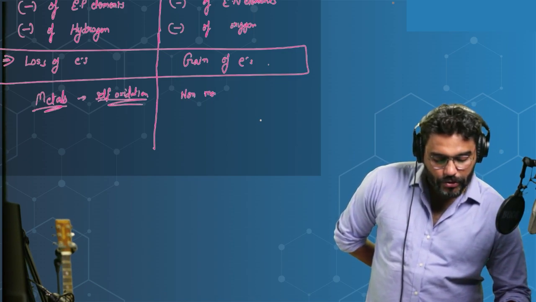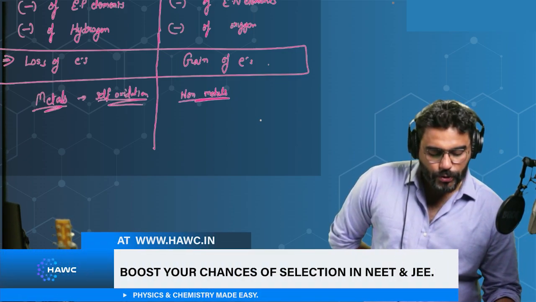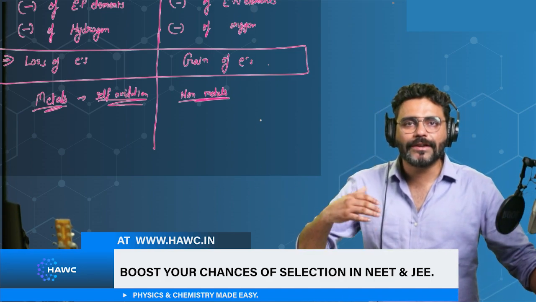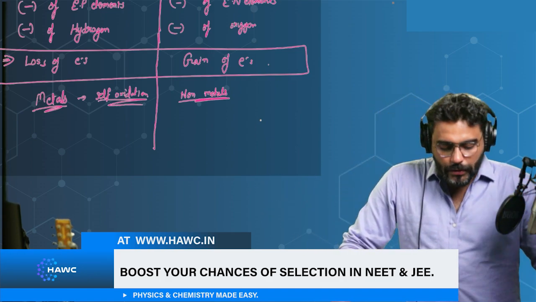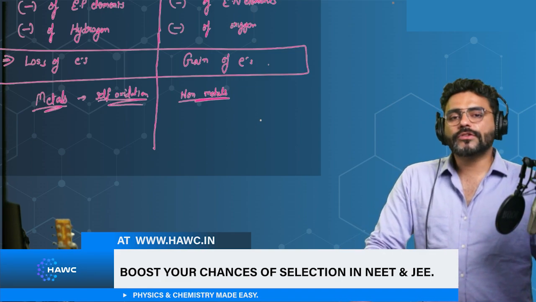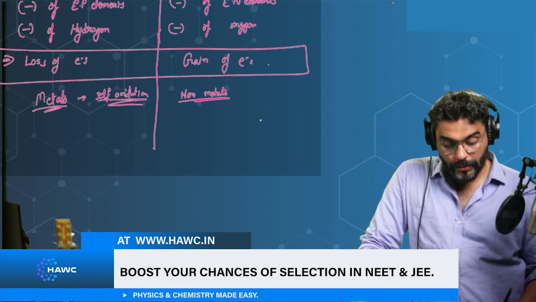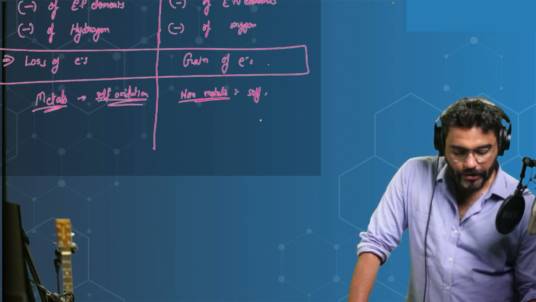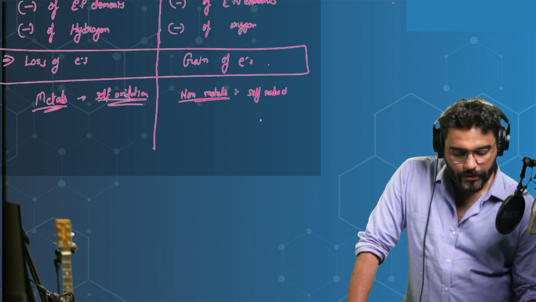And non-metals: are they dacoits or social workers? Dacoits. If they are dacoits, will they give the electrons or snatch the electrons? Snatch the electrons. Gain of electrons is reduction or oxidation? Reduction. So they always undergo self-reduction.